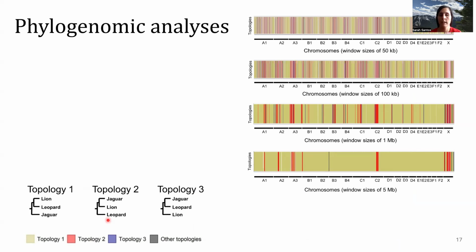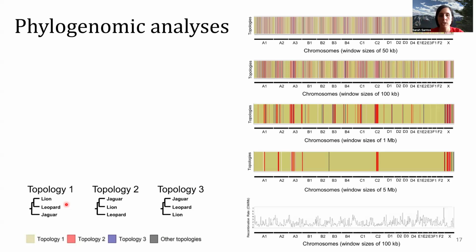And we had our main topologies, which were either topology 1, which is the majority of the genome, placing lions and leopards as sister clades, topology 2 as jaguars and lions now being sister clades, and topology 3 with jaguars and leopards. So just the main topologies there. And as I mentioned, we had a recombination rate throughout the genomes for the different chromosomes.